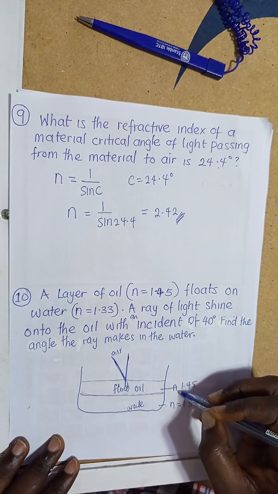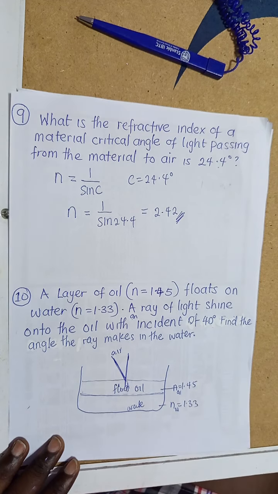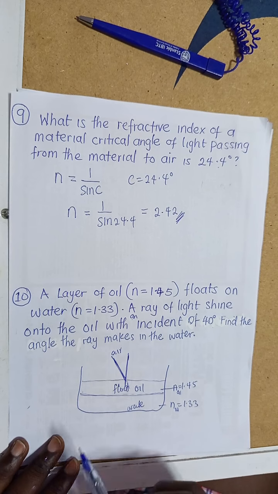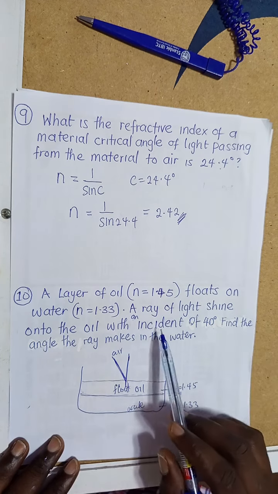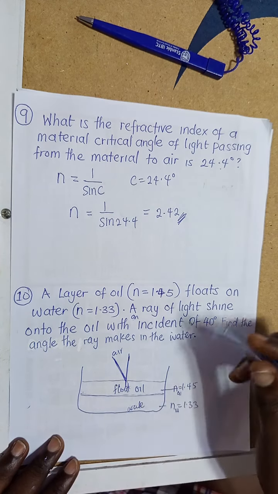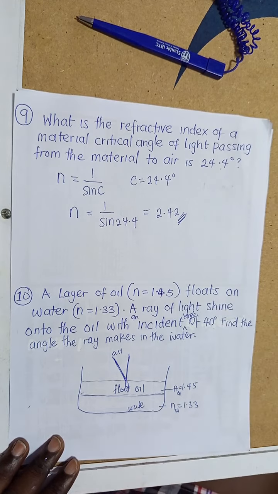So this n of oil, n of water. So now they say find the angle. That means a ray of light shines onto the oil with an angle of 40 degrees. Find the angle the ray makes in the water.